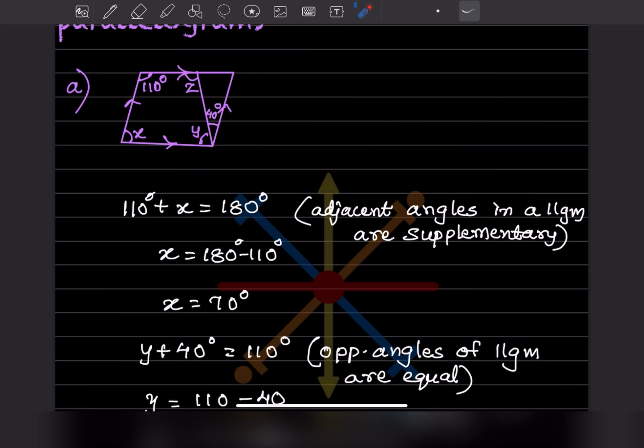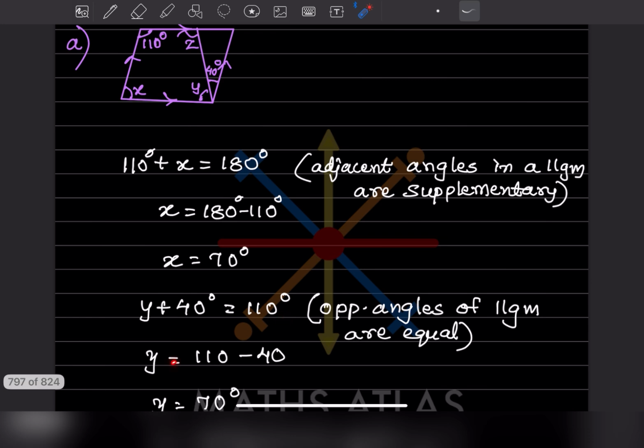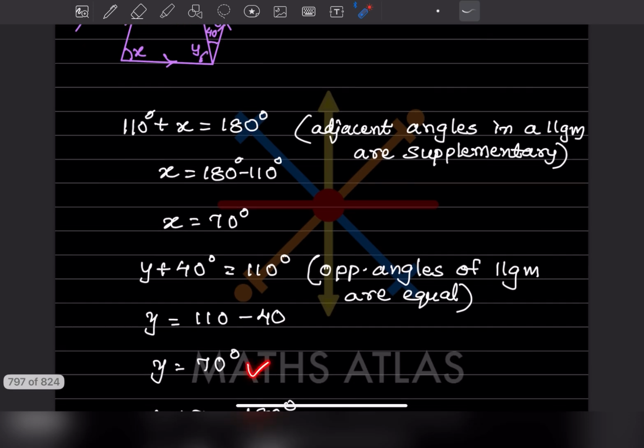This is 110, so this also should be 110. You want y from that, and this angle is 40. So we can write y plus 40 is equal to 110. So y will be 110, this plus 40 will go to this side, that is minus 40. So y is going to be 70 degrees.